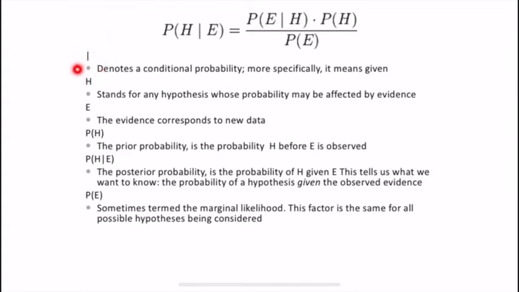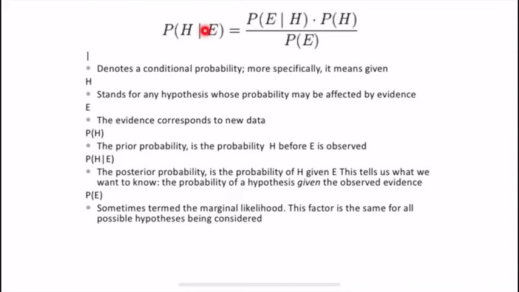This right here is just talking about conditional probability. So when we see it here, we're saying this is the probability, that's what the P stands for, of the hypothesis being true, that's H, given that the experiment or the investigation is true, right?